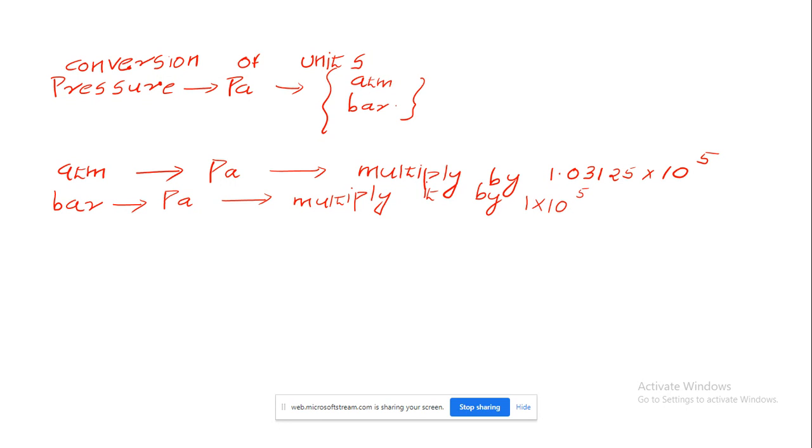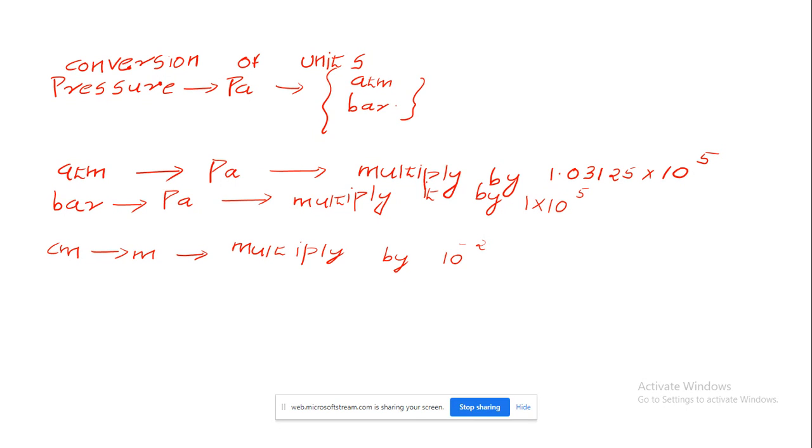Now you have length, which we already know. Length, you have centimeter and you have to convert it to meter. What you should do is multiply by 10 raised to minus 2, or divide by 100, whatever is convenient for you.